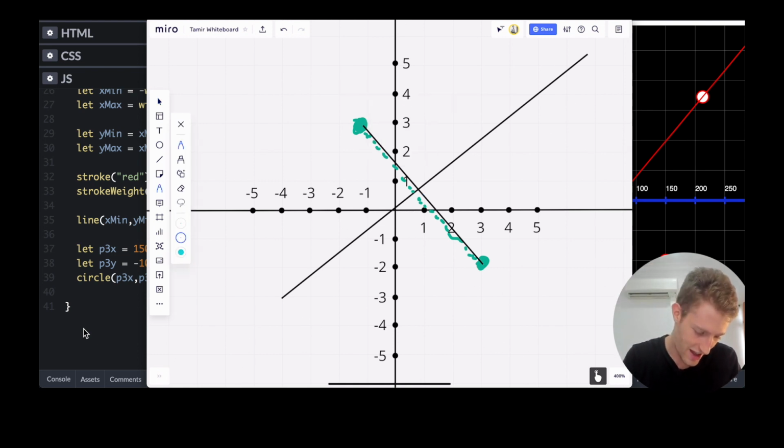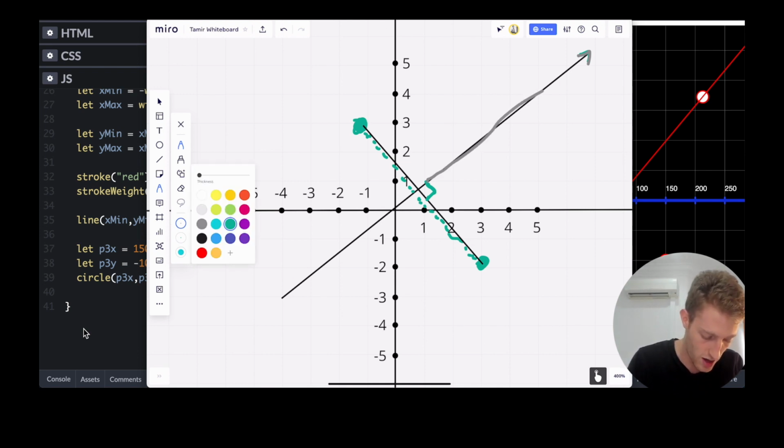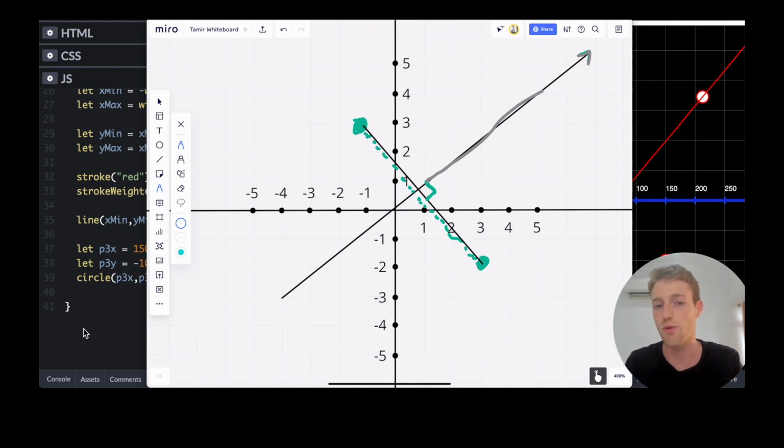And this line is actually going to be perpendicular to this line. So we're going to make it perpendicular in the sense that whatever the gradient of this line is, which we've found, this one that I'm drawing in green, we know that the perpendicular gradient is going to be -1 over m.